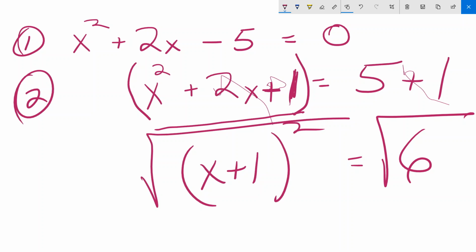I don't know. What's the something? What was the something being squared? X plus 1. Oh. So if I'm taking the square root of x plus 1 squared, what do I get? I really don't know. X plus 1.